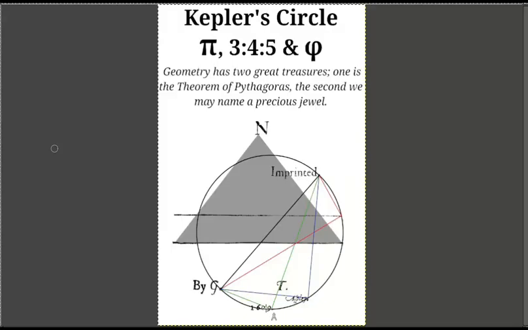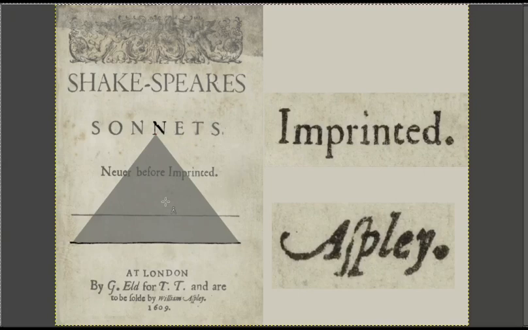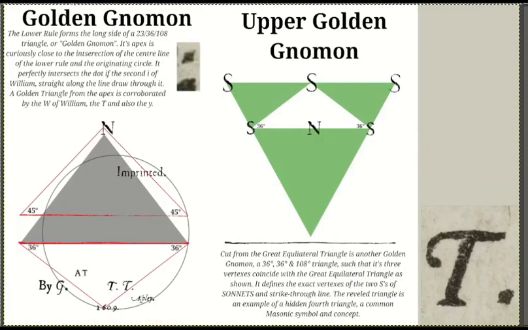This geometry begins with these three Keplerine triangles that generate the two anonymous horizontal rules. We then have three 51 degree pyramids, this huge one in the middle of the diagram, but these two full stops after imprinted and aspally are also 51 degree pyramids.